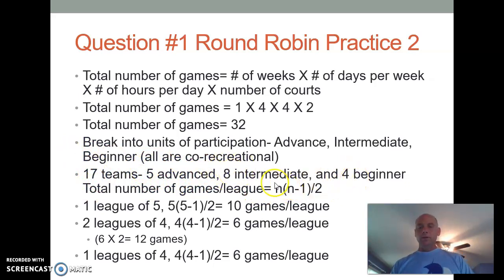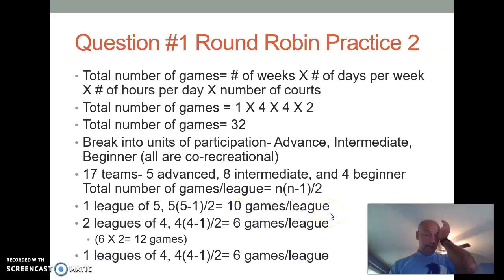So we put our n in, and the n for the advanced is 5, but we're going to have to do this equation at least 3 different times, right? Because we have 3 different units of participation. So in this case, that first one, we can put 5 in there. 5 minus 1 equals 4, times 5 is 20, divided by 2 gives us 10 games per league. So we know in our advanced league, we're going to have 10 games.